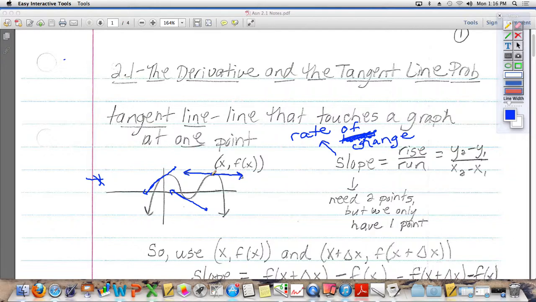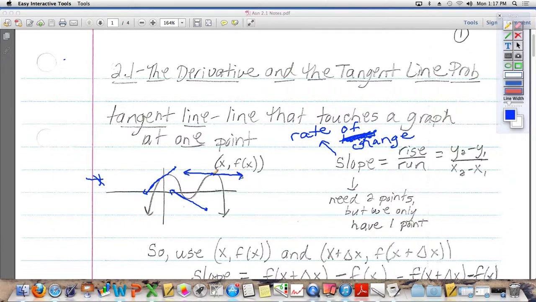Well, what we want to do is find a point that is so close to that point that we have on the tangent line that the difference between the 2 points is almost non-existent. There's almost no change at all. So we're going to find the limit as the change in those 2 points approaches what value? Approaches 0. We want there to be almost no change between the 2 points.